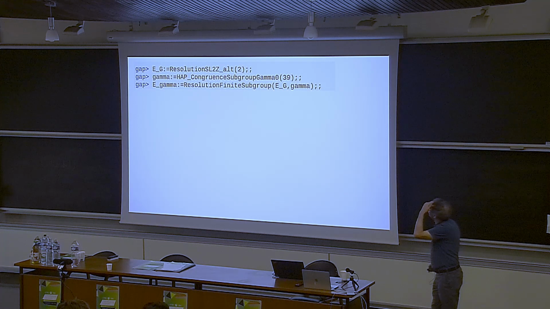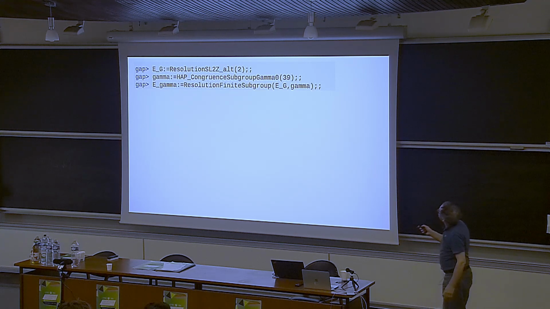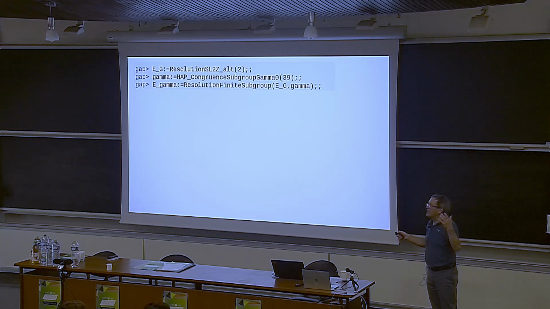Then let's use the wall... sorry, no. Now let's do something else. So we have EG, a resolution for SL2(Z). I'd like a resolution for the finite index subgroup. So it's something like Reidemeister-Schreier going on here.